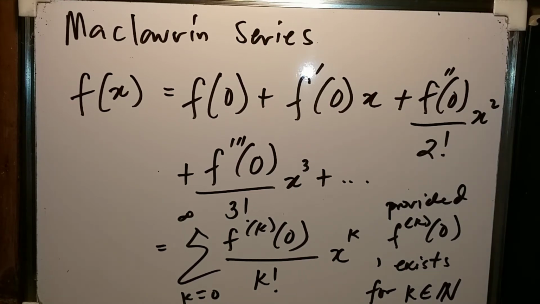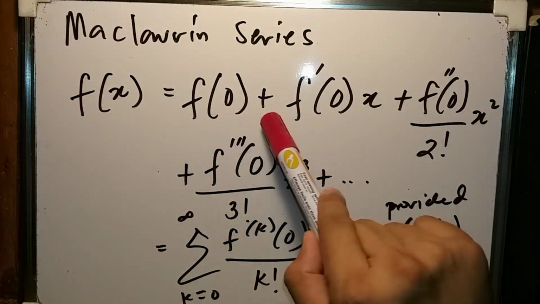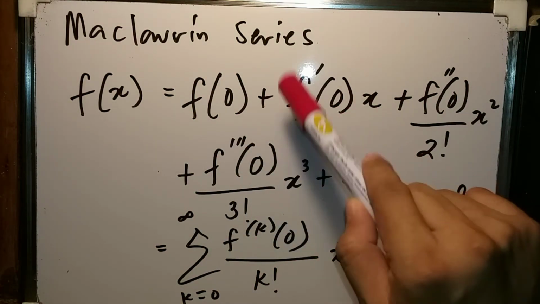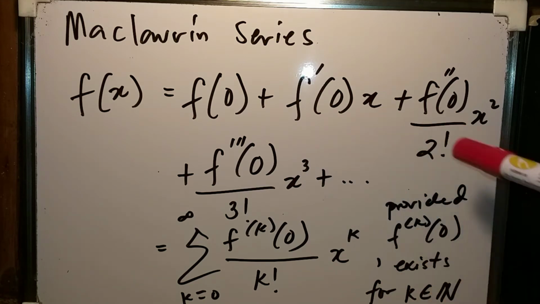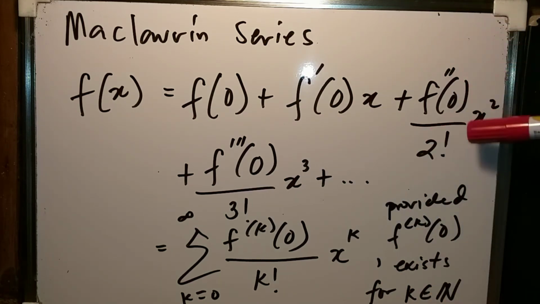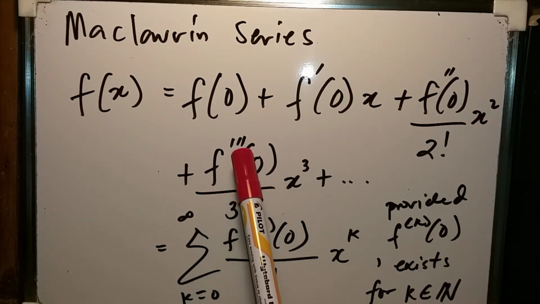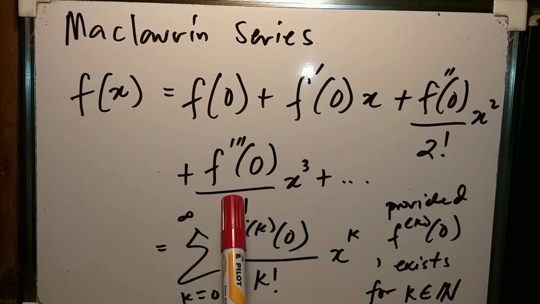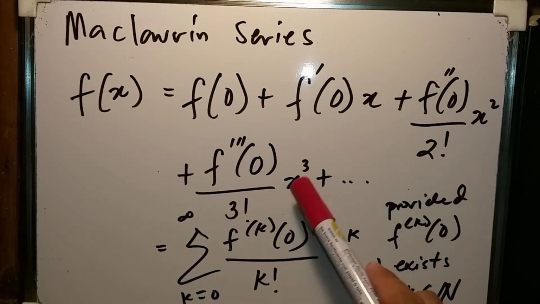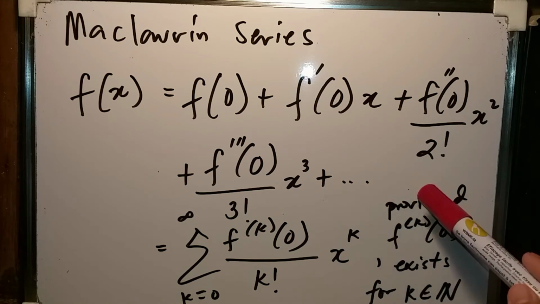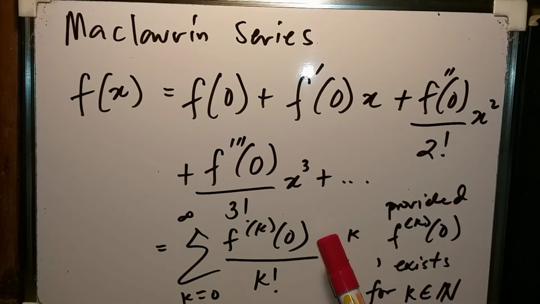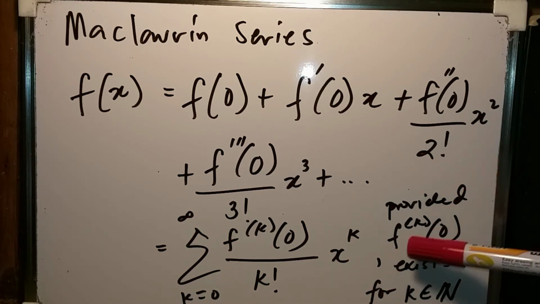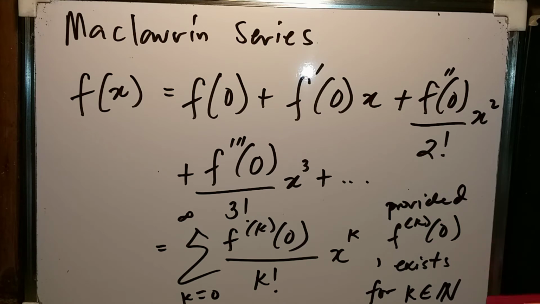The Maclaurin series has the form f of 0 plus f prime of 0 times x plus f double prime of 0 all over 2 factorial times x squared plus f triple prime of 0 all over 3 factorial times x cubed plus dot dot dot, or in summation notation we write it in this form, provided that the kth derivative of f at 0 exists for k an element of the natural numbers.